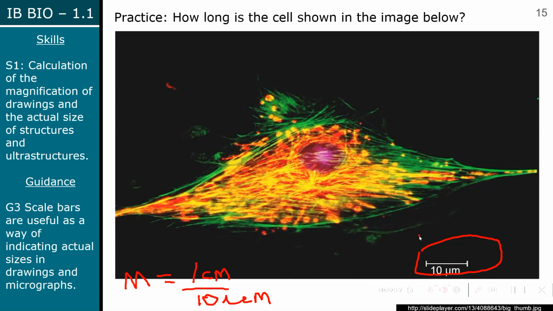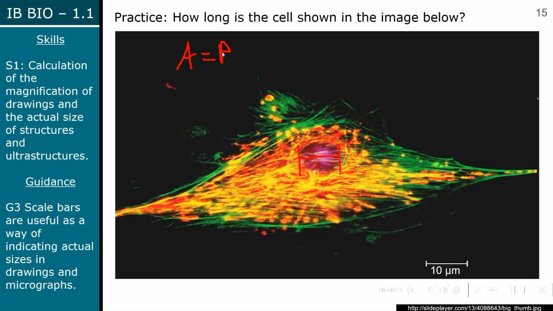And then what they typically do is they will turn around and say, okay, well, now how big is this nucleus? Right? And so our other equation was the AIM. And so that is where actual size is equal to the ruler size over the magnification. So say that I calculated my magnification down here and say it's like 1000x.